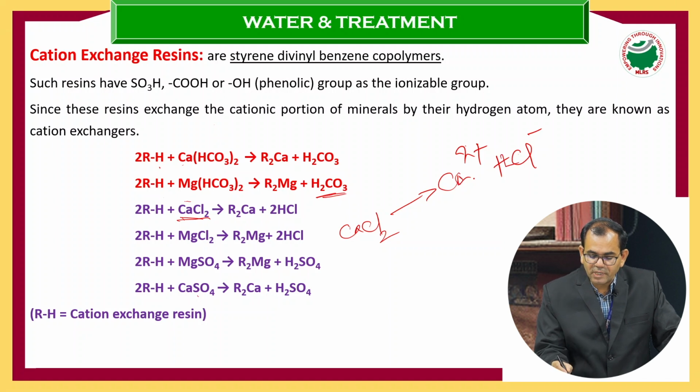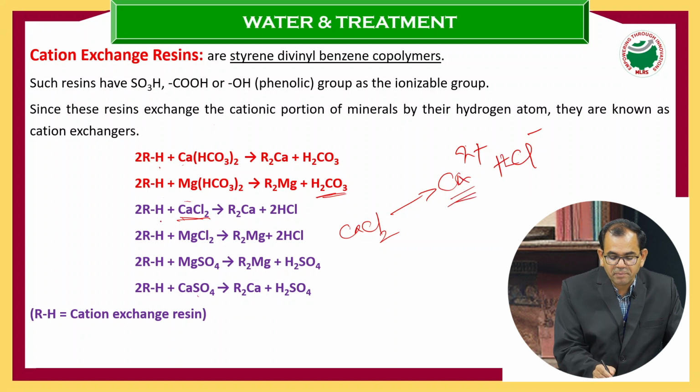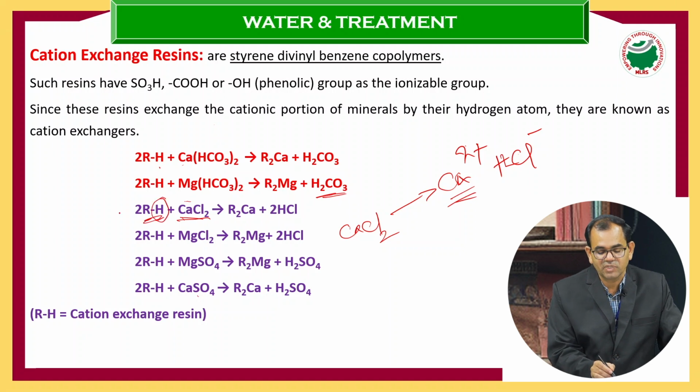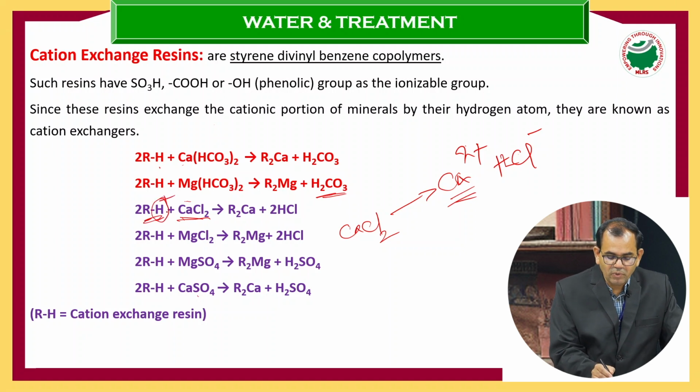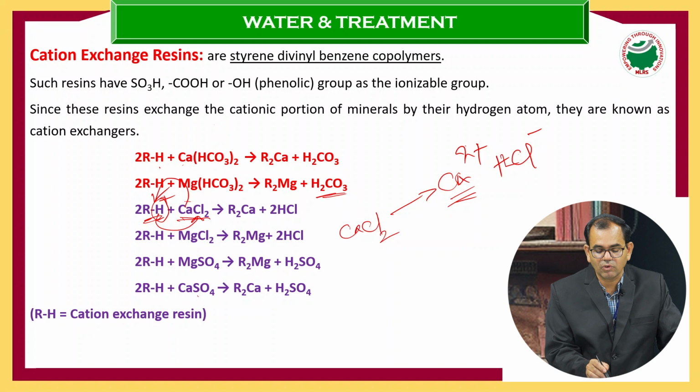This calcium 2 plus cation has been replaced with the resin's proton, cation H plus. So Ca comes here and the proton goes with the chlorine. So HCl is the byproduct, and the resin's proton is eliminated and replaced by calcium. So this is the resin and this is the byproduct.